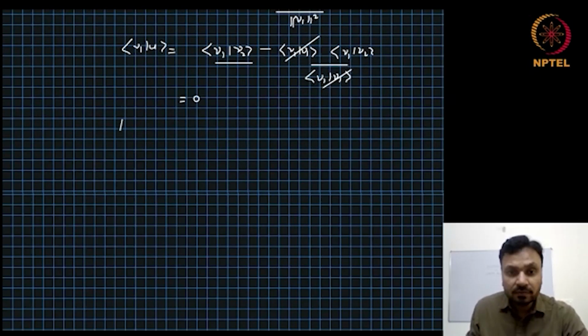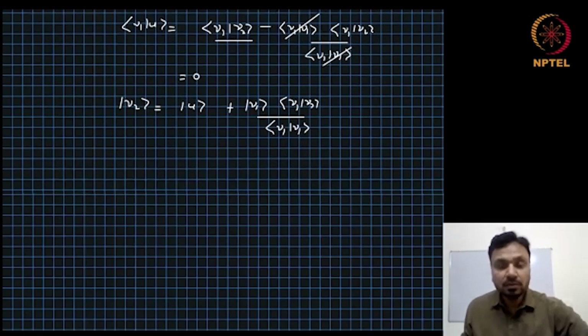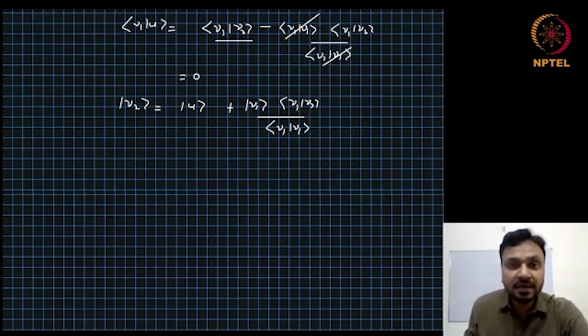Now we can write v2 as u plus (⟨v1,v2⟩/⟨v1,v1⟩) v1. So from here we can see that v2 is a sum of two orthogonal vectors, u and v1, and the rest is just a scalar. This thing is just a scalar.